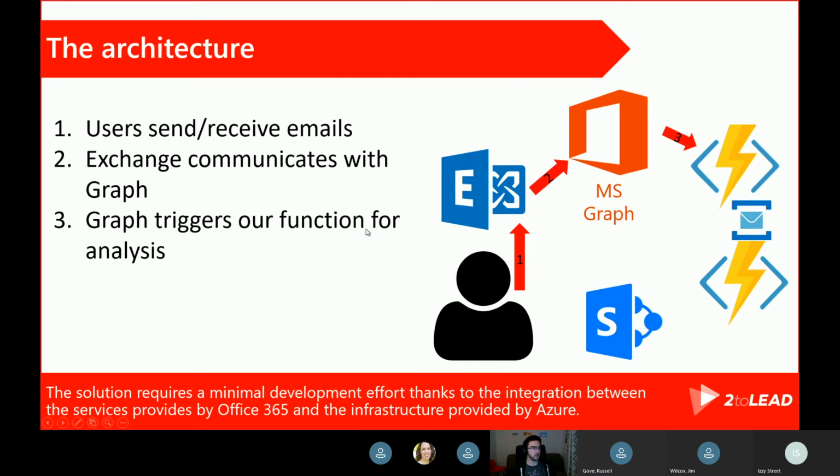What's going to happen then is, because I registered something called a webhook, and I'll detail later what a webhook is, the graph is going to let my Azure function know, hey, something new came in. You might want to look at that and check what's the new information and so on.